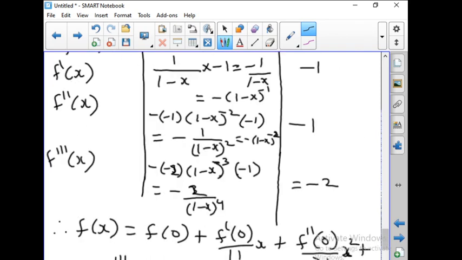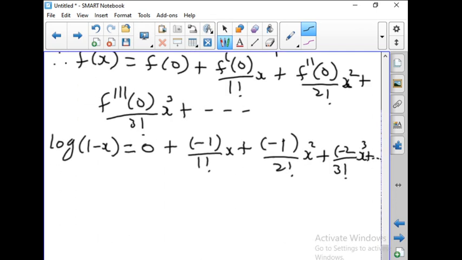Etc. is very important. Remember that. So it is equal to minus x by 1 factorial, which is 1. The next one, minus 1 by 2 factorial, which is 2, x square.